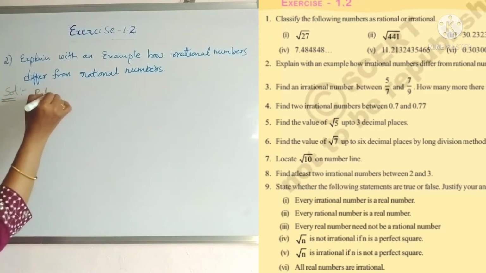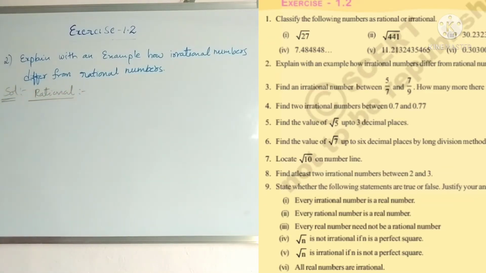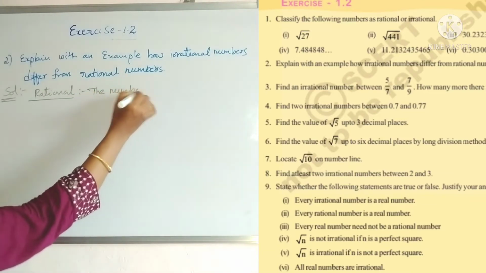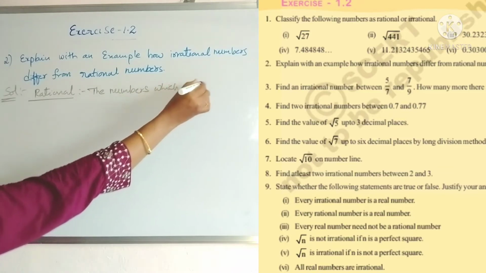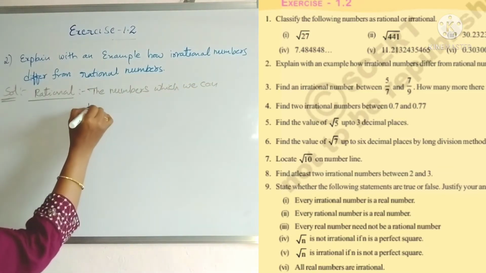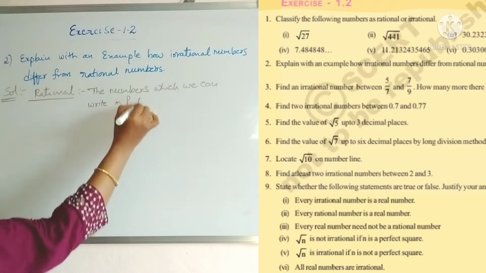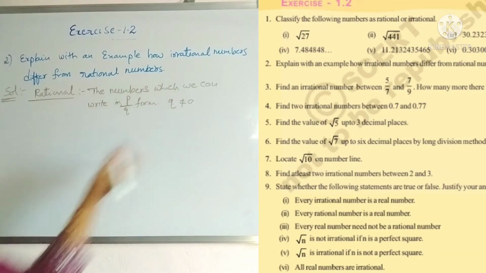Rational numbers are the numbers which we can write in p by q form and q not equal to 0.